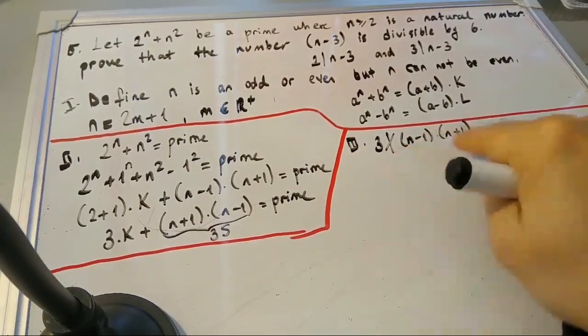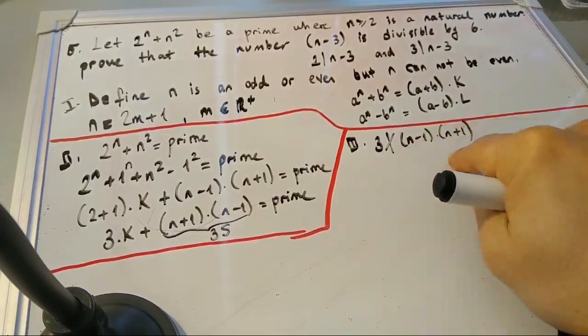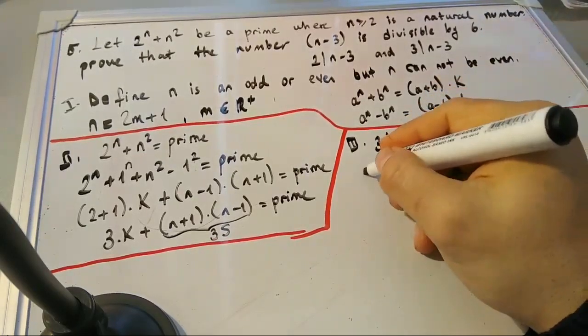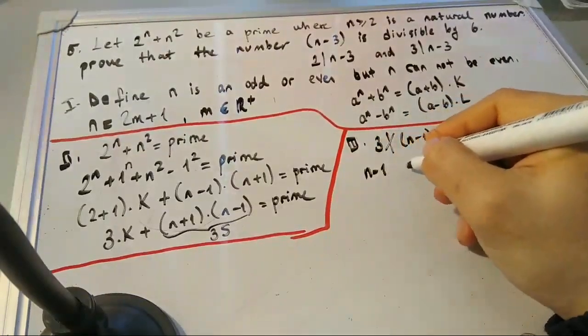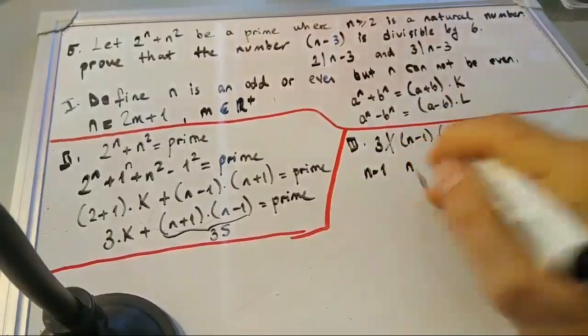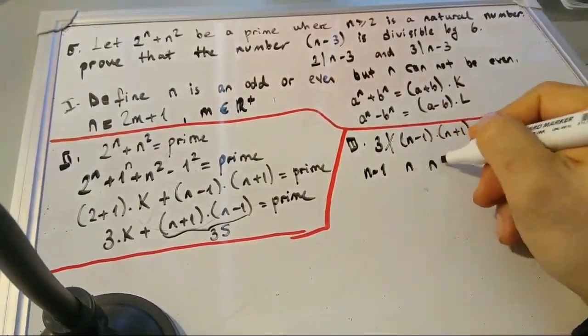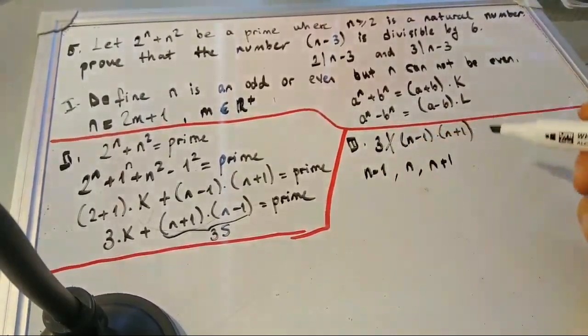But we know that one of n minus 1, n, and n plus 1 is divisible by 3.